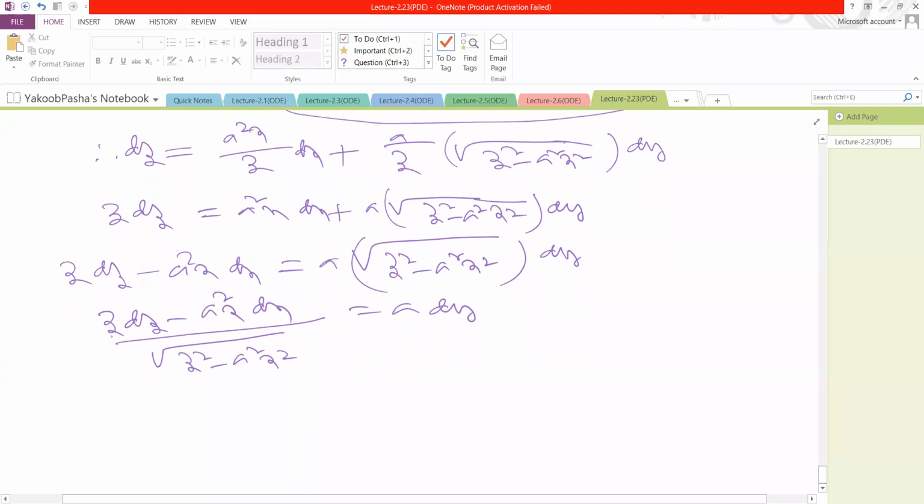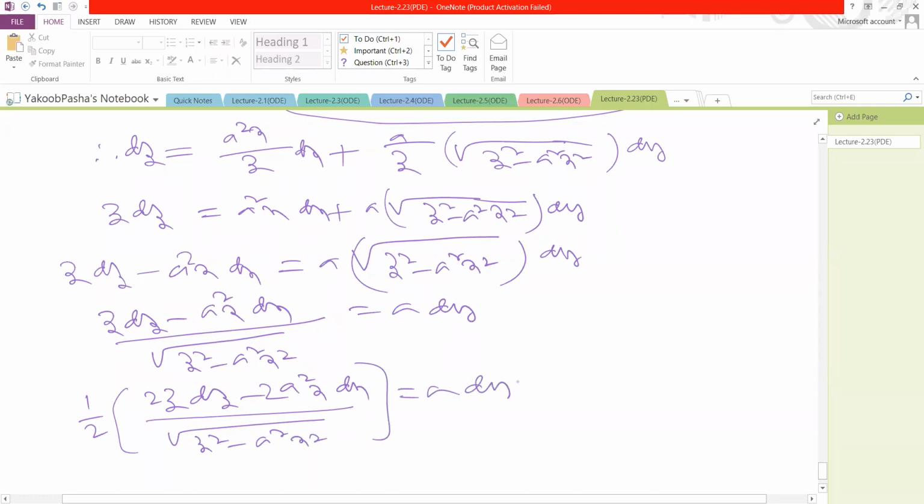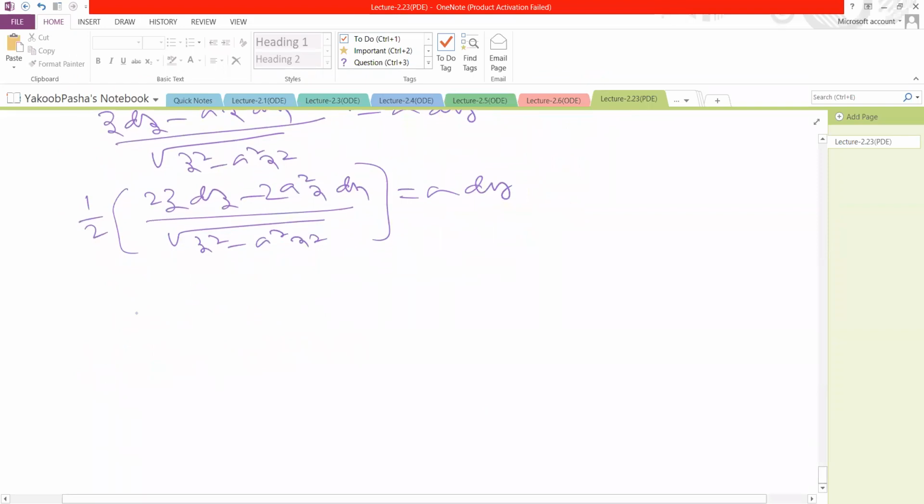So we can write the numerator by multiplying with 2 and dividing with 2, we get 2z dz minus 2a square x dx divided by under root of z square minus a square x square is equal to a into dy. So we can write 1 by 2 into d of z square minus a square x square by under root of z square minus a square x square is equal to a dy.